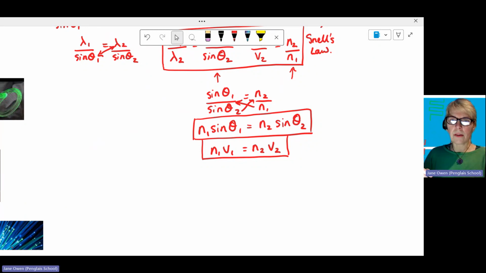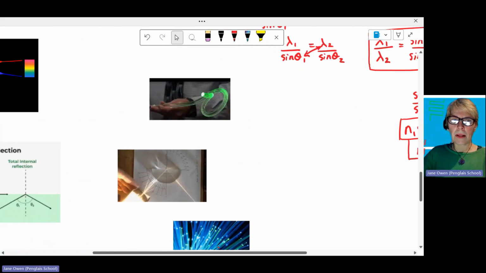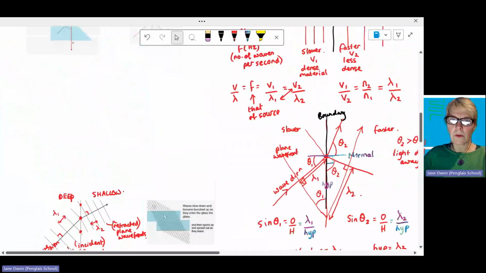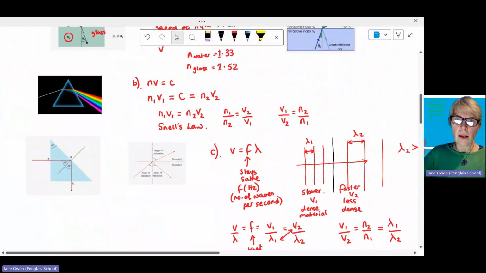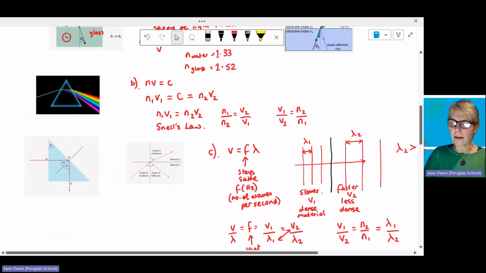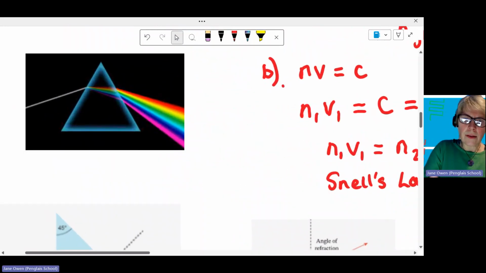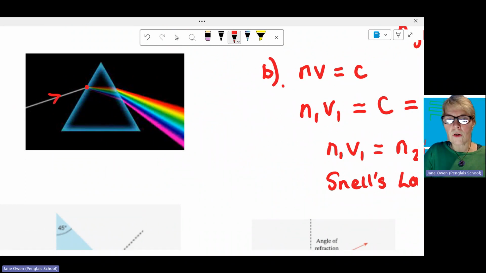Right, let's have a look at a little bit of an application of this. I want to go back up to where we were looking at the prism with the light. This is the point of incidence here, and you've got a nice straight line to show the direction of travel for the light.